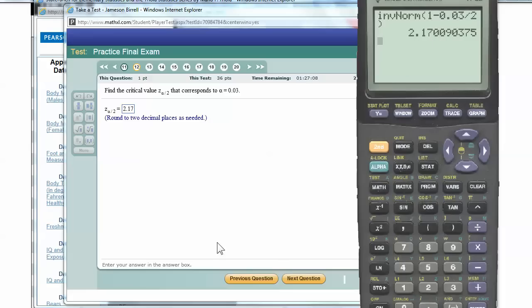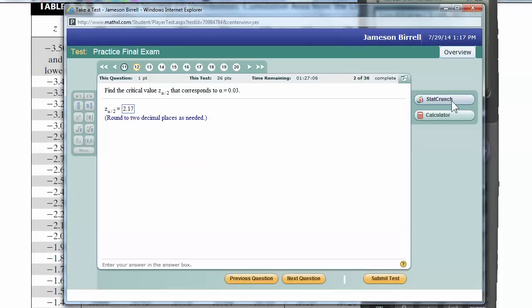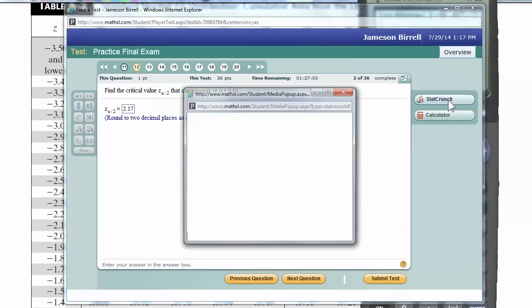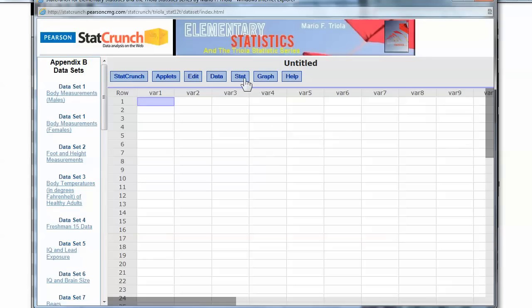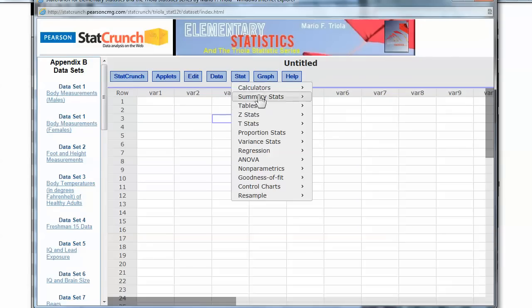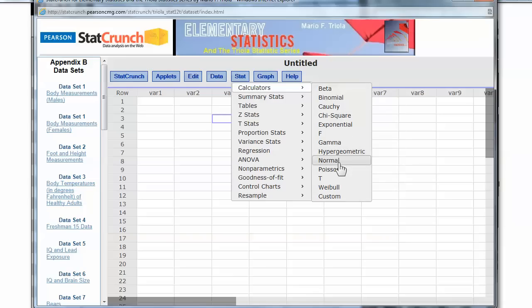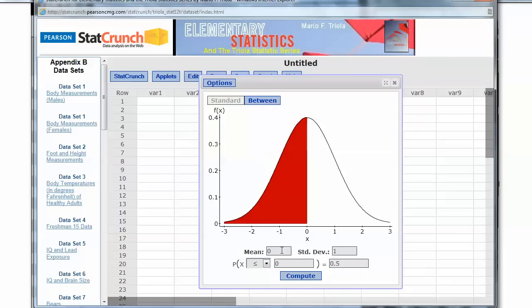In StatCrunch, we click Stat, Calculator. We're still dealing with the normal distribution. Since we're doing the z-score, we'll leave this as 0 and 1.